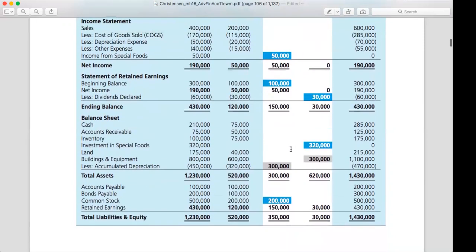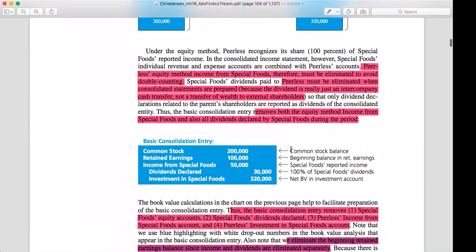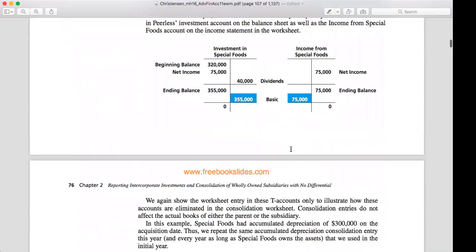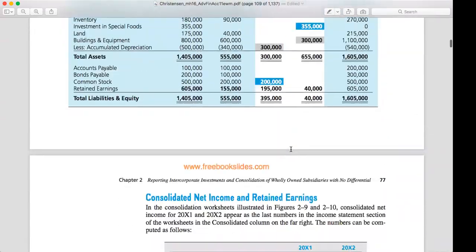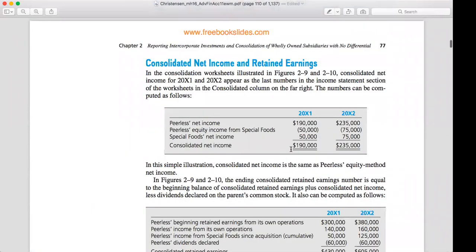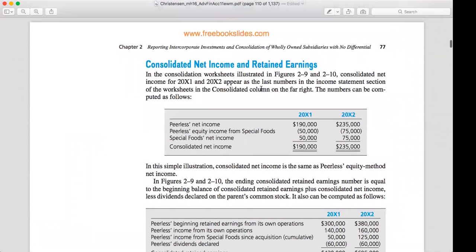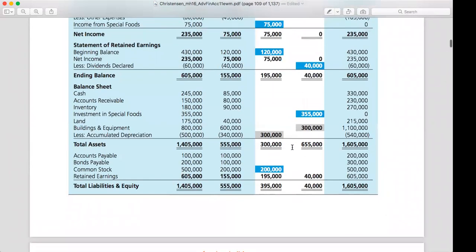Yes, with 30,000 retained earnings. This is additional information about the consolidated net income and retained earnings. This is the last number of the income statement section, so Pillars' net income and equity income come to this amount, and then this is the consolidated net income.